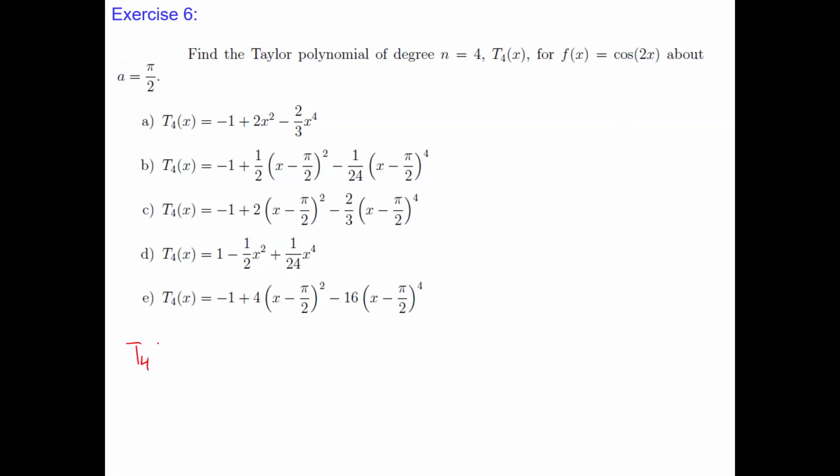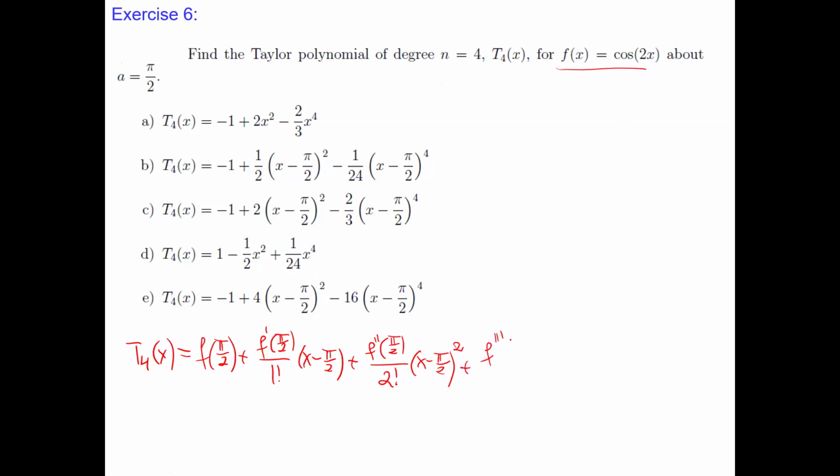I can just list it for you, and you can also say aloud: value of the function at pi/2, value of the first derivative at pi/2 over 1 factorial times x minus pi/2 to the power of 1, value of the second derivative at pi/2 over 2 factorial, x minus the center to the power of 2, value of the third derivative over 3 factorial, x minus pi/2 cubed, and one more, value of the fourth derivative over 4 factorial, x minus pi/2 to the power of 4.